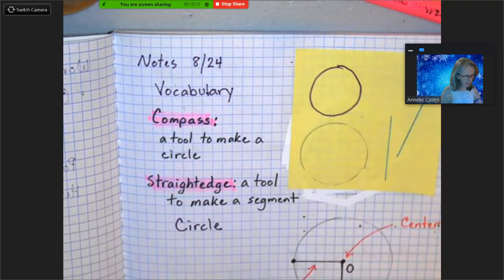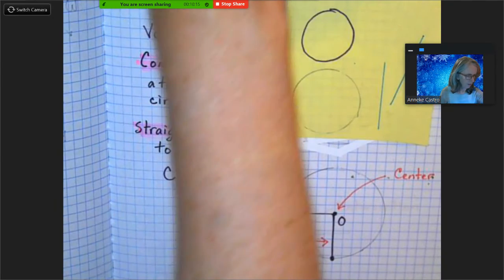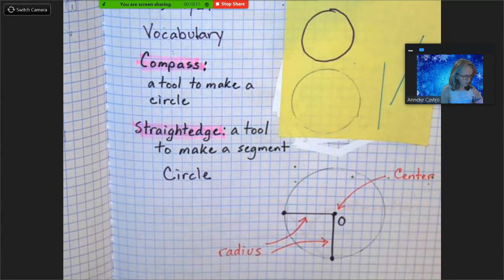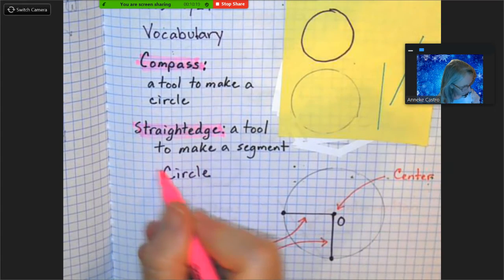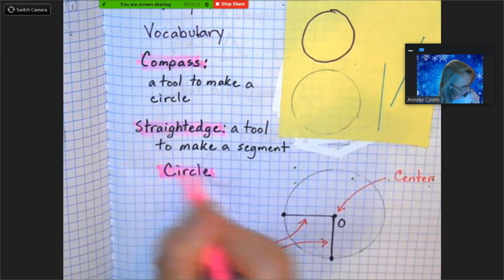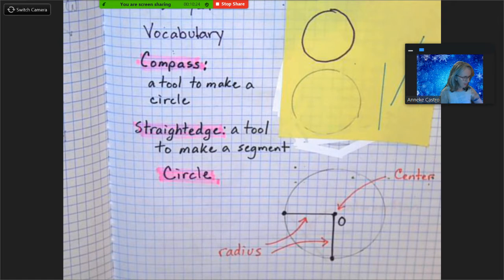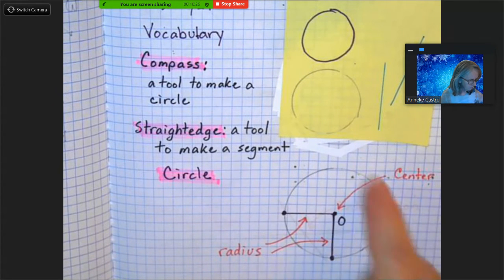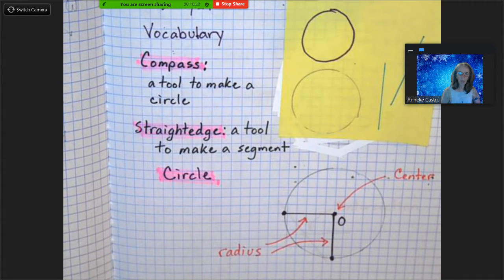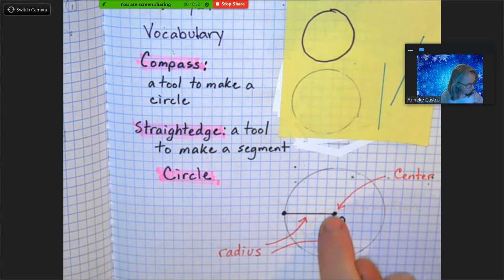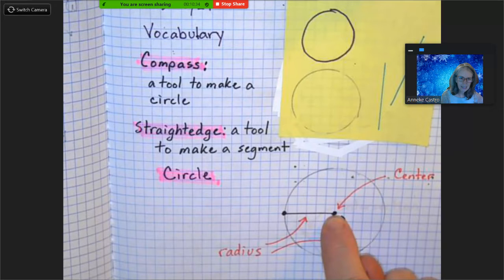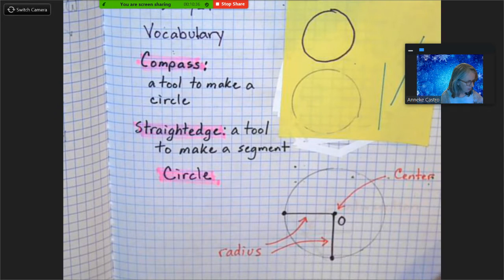All right, next important word from today's activity was circle. This is a circle, and the important parts of a circle are the center. We put a point at the center of the circle.